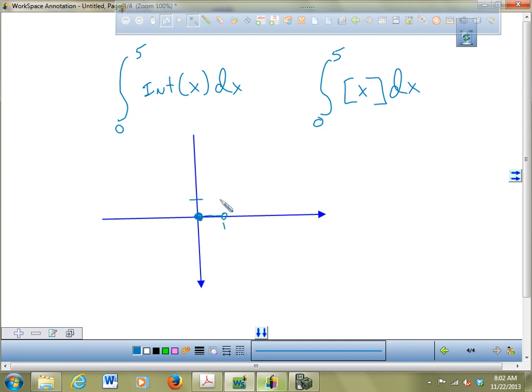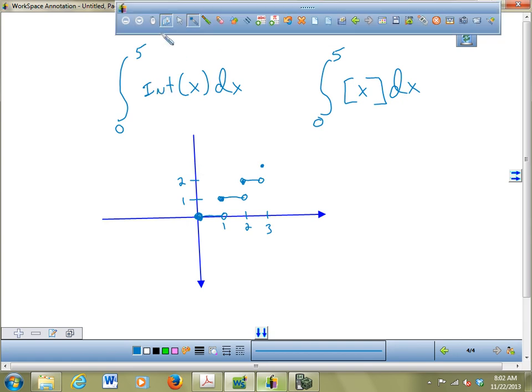So it jumps up here at 1, and then it goes over here, and it jumps up at 2 to here, and then it jumps up at 3 to here.